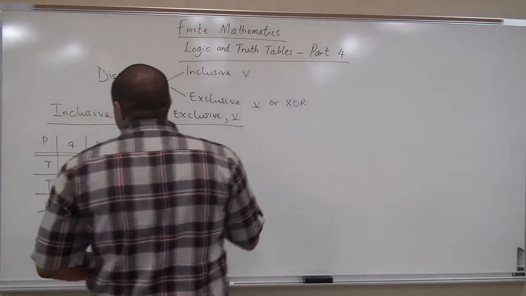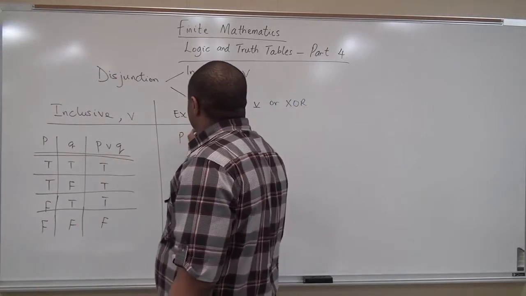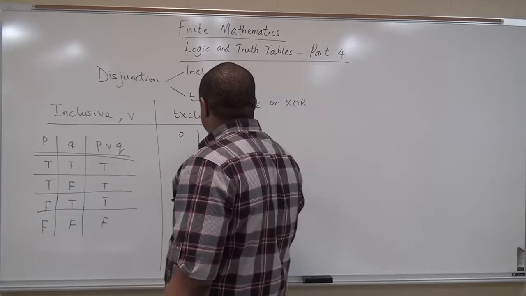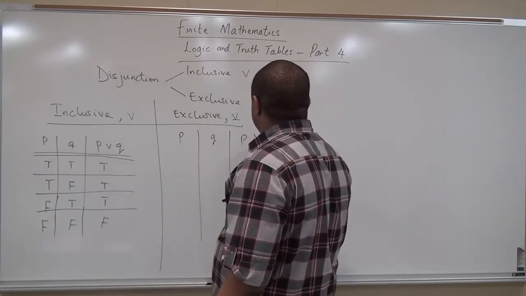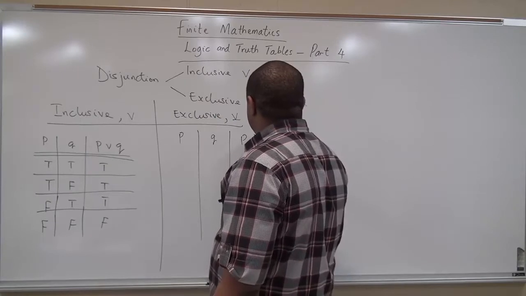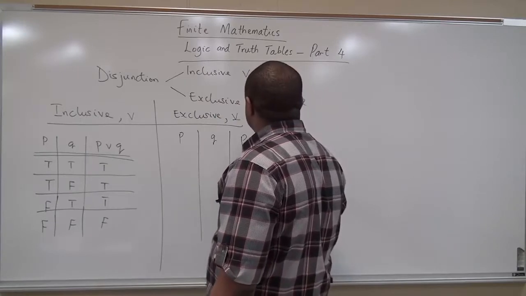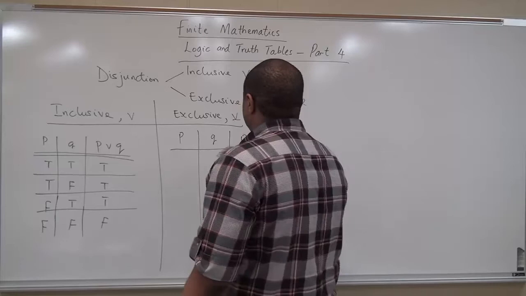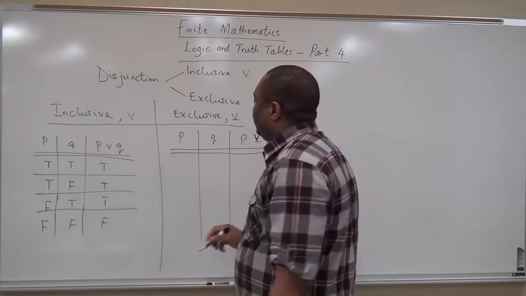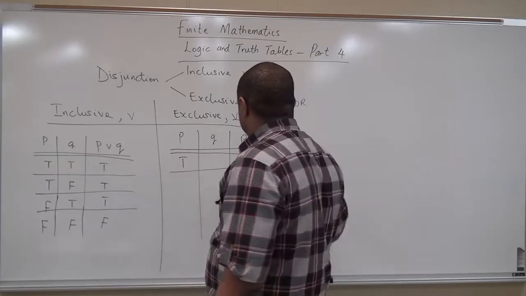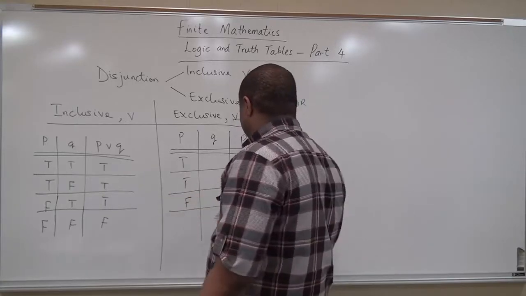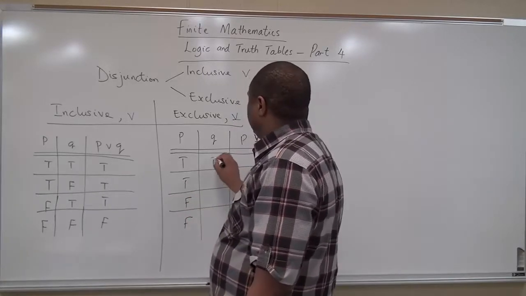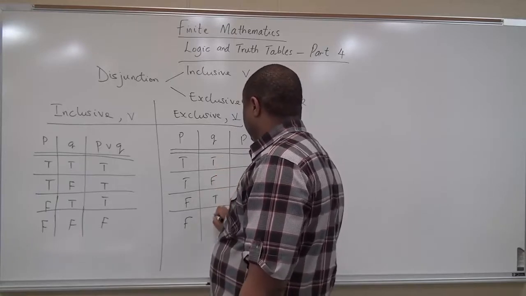But with exclusive disjunction, you have it this way. You have P, Q, P or Q in the exclusive sense. Now this will be false, true, true, false.